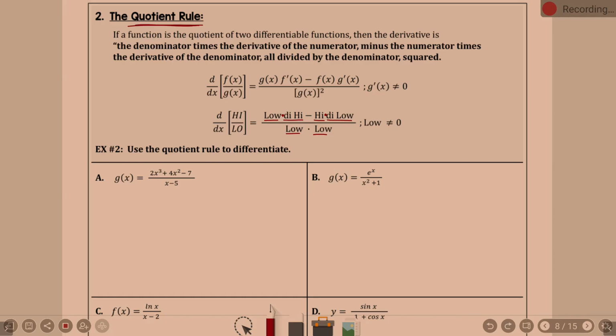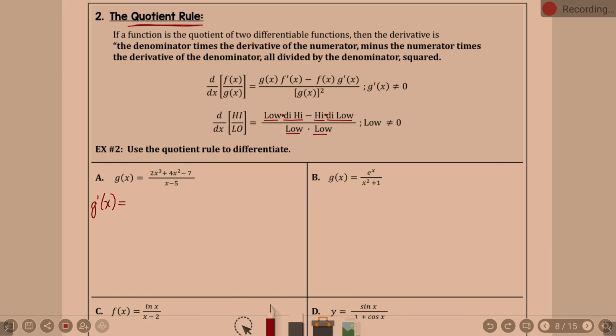Okay. Now, if you tried to long divide that out, it's not going to work out. It's not going to be nice. So this is where the quotient rule does come into play. So, G prime of x. Order matters here, right?